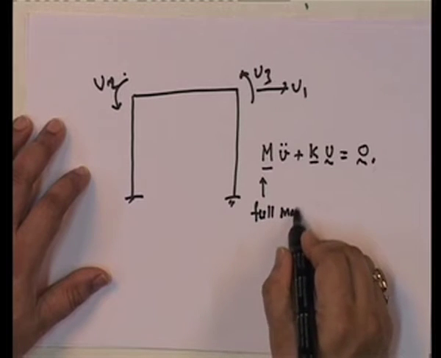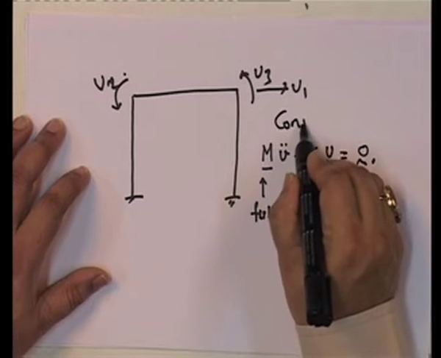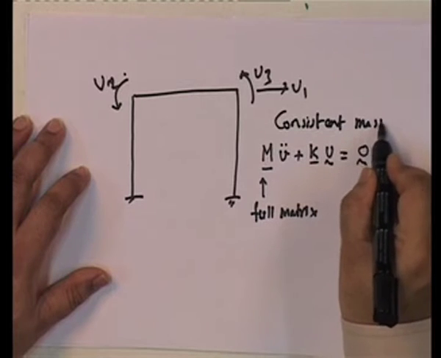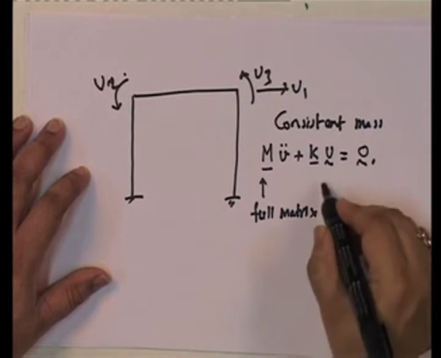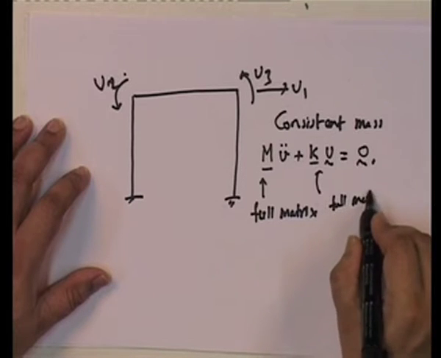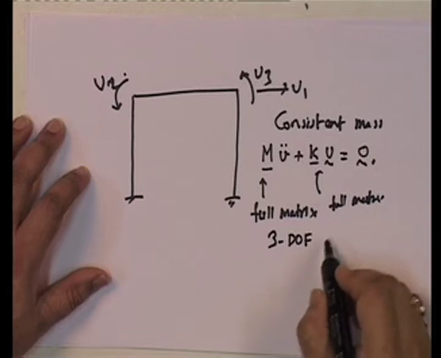This is a consistent mass formulation. This is a full matrix, and so we have to solve a 3 degree of freedom system.